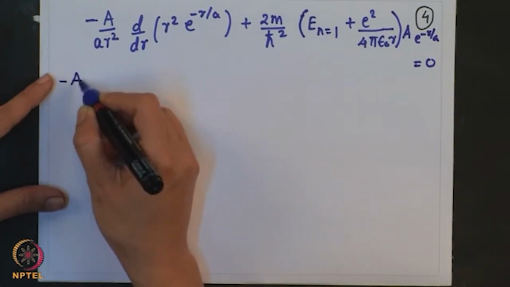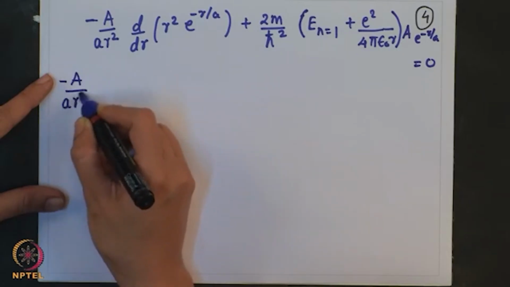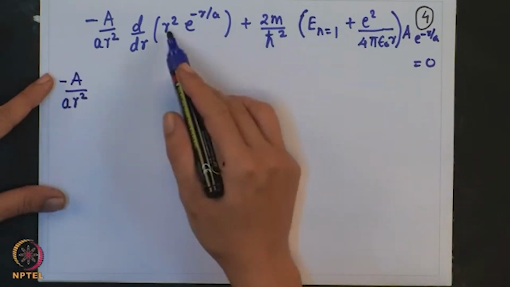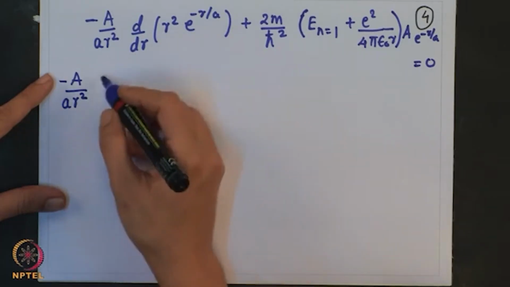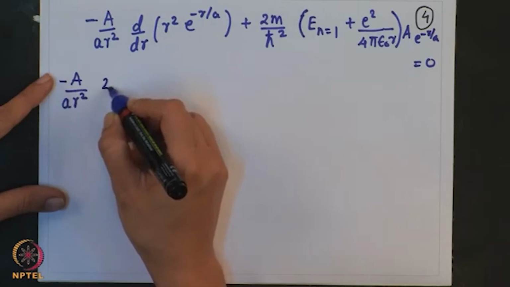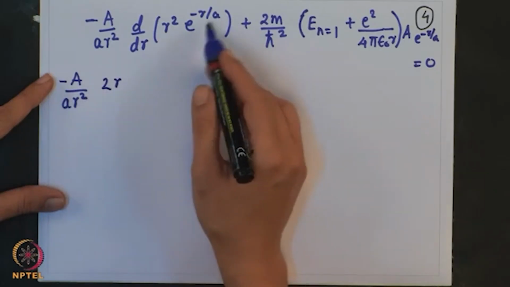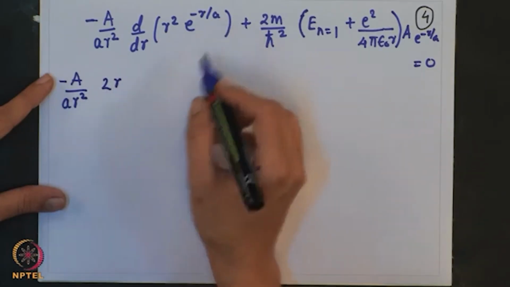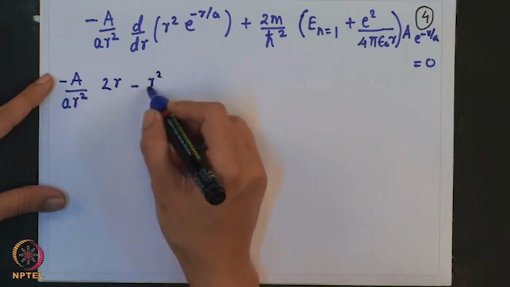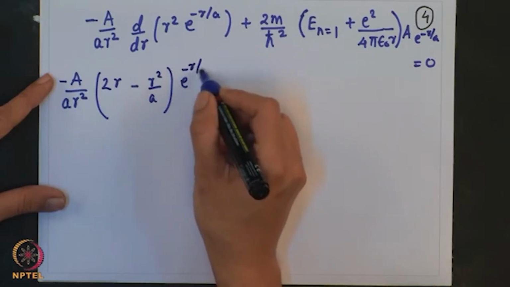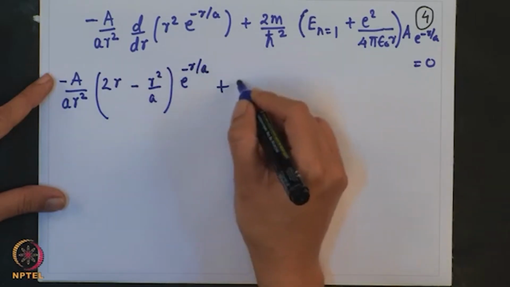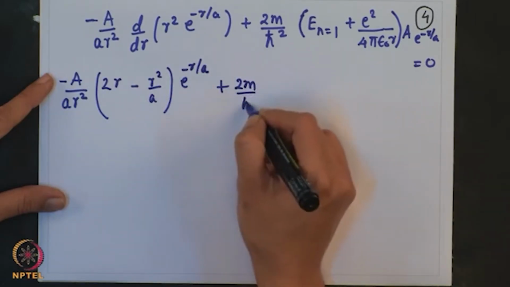So, I have here minus a by a r square, and the derivative of this I will have two terms. I have here 2r, I will have a e raised to minus r by a, minus r square by a times e raised to minus r by a, plus 2m upon h cross square.